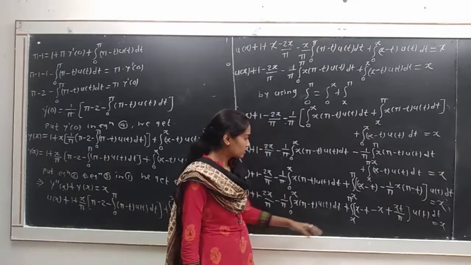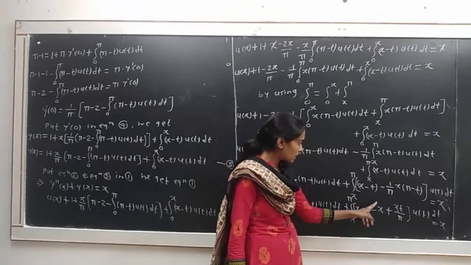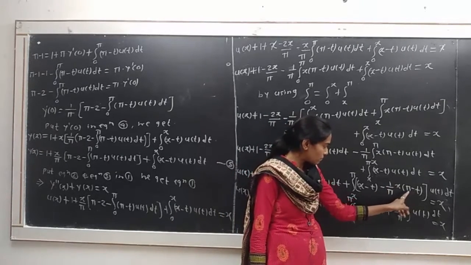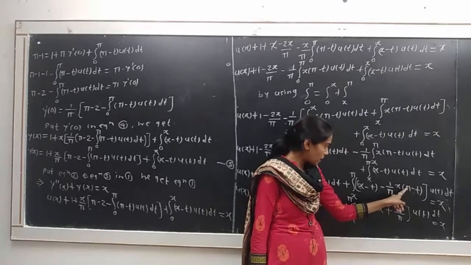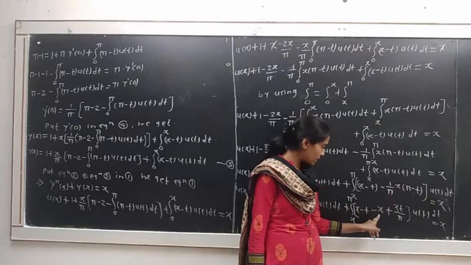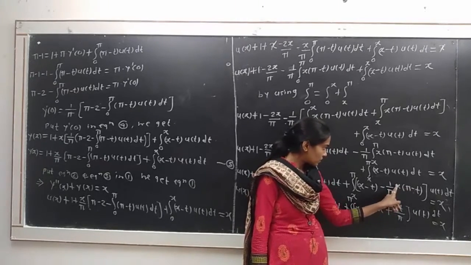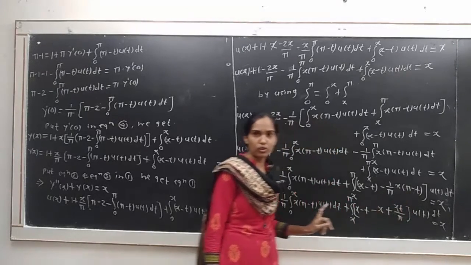Here we write x minus t as it is, then we multiply this minus x by pi inside this bracket pi minus t. First term, this pi gets cancelled, we get here minus x, then minus becomes plus xt divided by pi, okay.